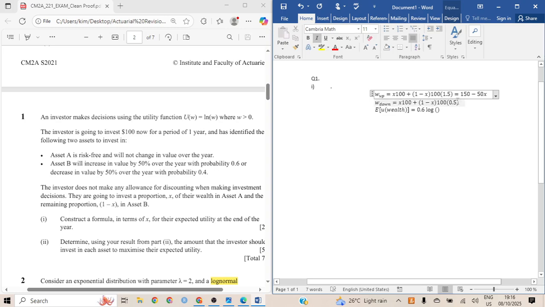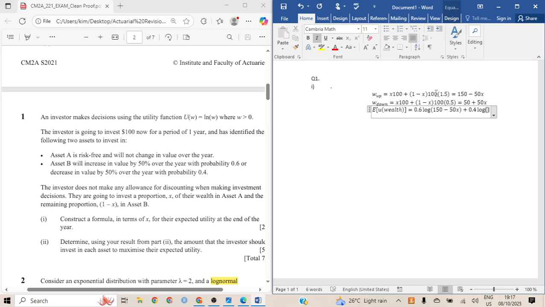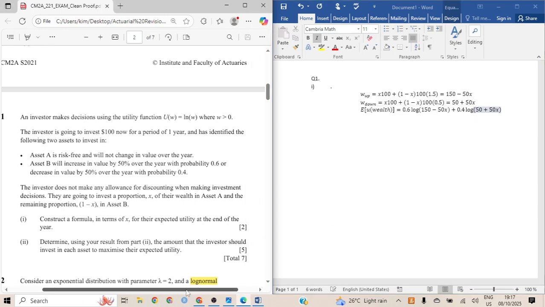And the down case will be 50 plus 50x. So 0.6, the probability of going up, times the log of 150 minus 50x, plus 0.4, the probability of going down, multiplied by the log of 50 plus 50x. With that, we're done with the first part, and we get our 2 marks.